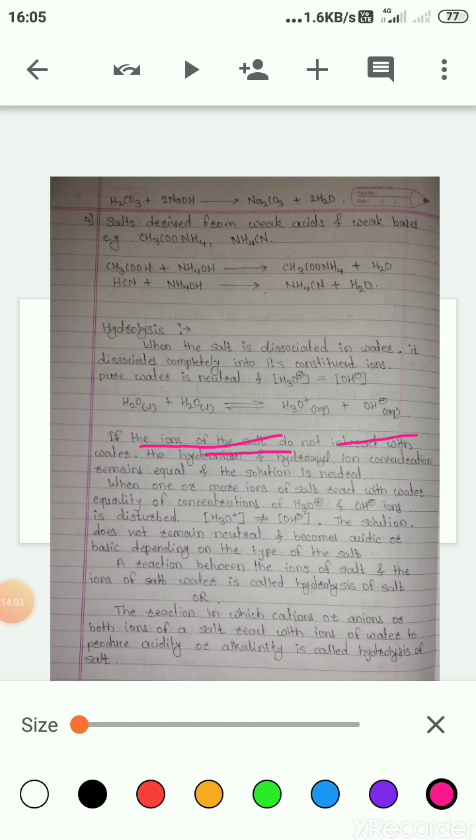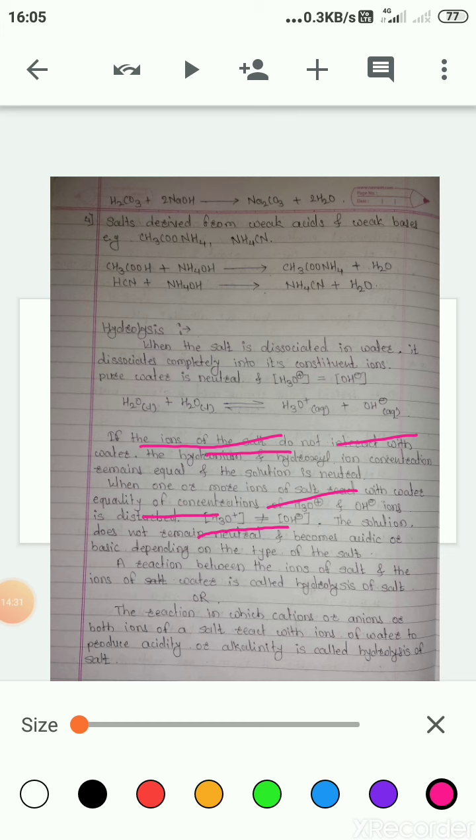But if the ions of salts react with water molecule, then the concentration of H3O plus ion and concentration of OH minus ions get disturbed, and the neutral nature of water gets disturbed, and therefore depending upon the nature of salt, the solution of water gets changed.